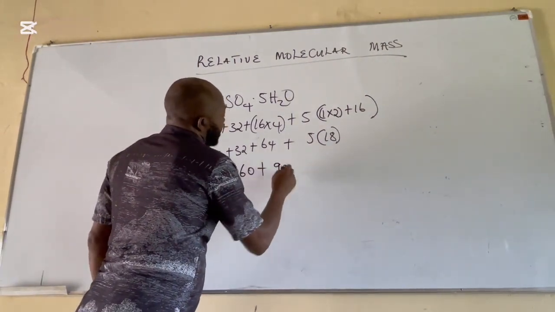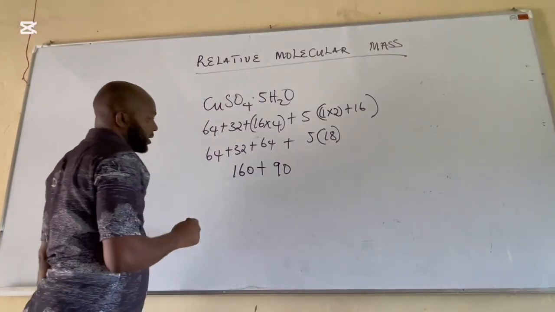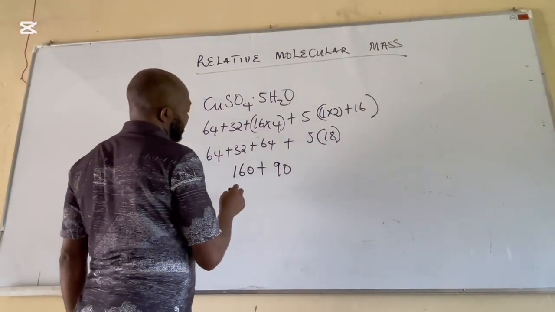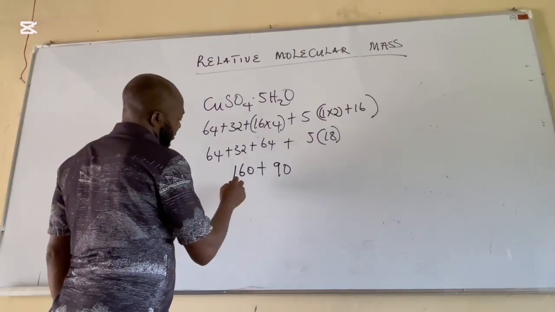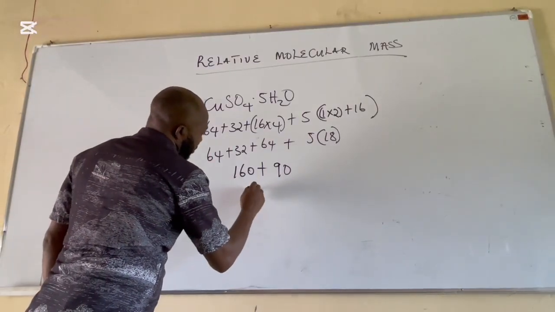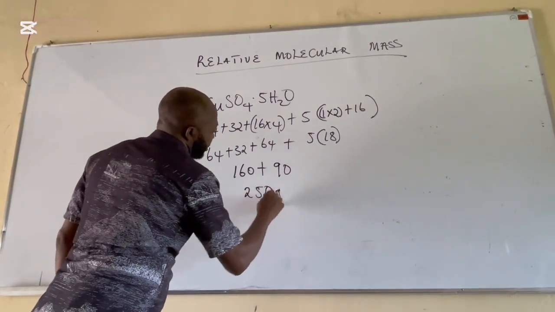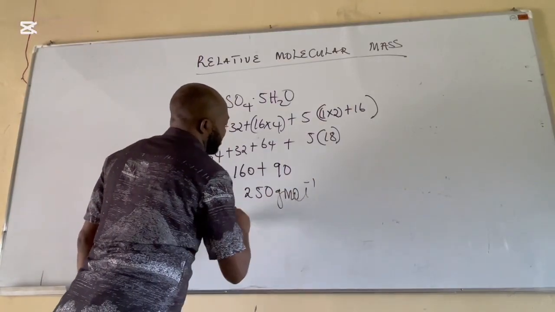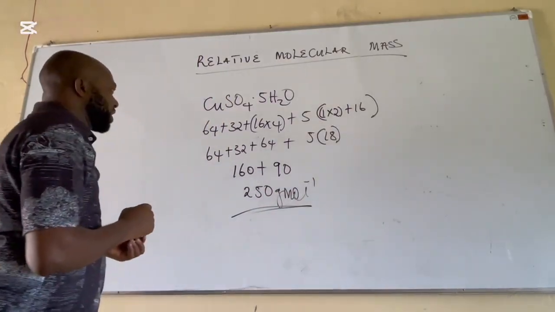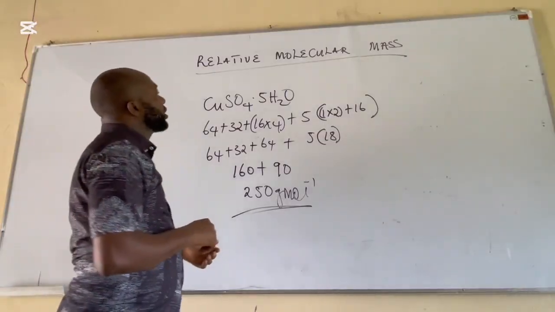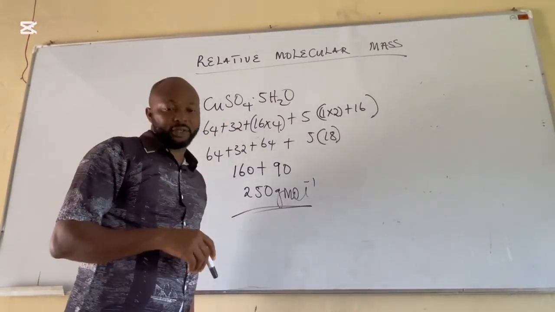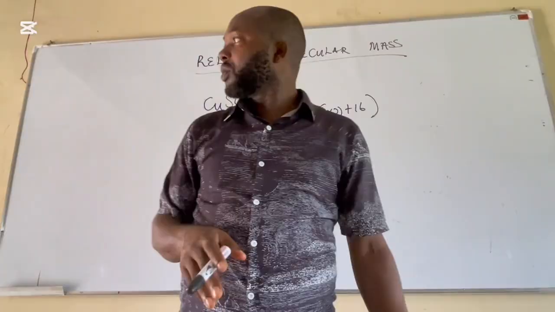Yes, 5 times 18, 90. 90 plus 160, 250. So we have 250 g/mol. So this is it. Copper sulfate pentahydrate. We're going to take another one.